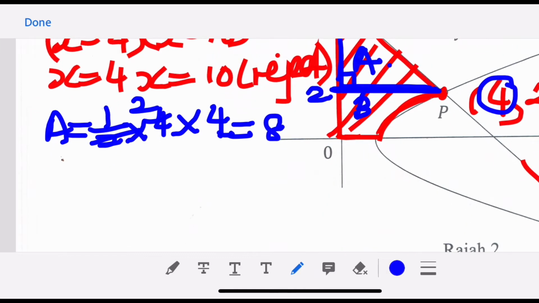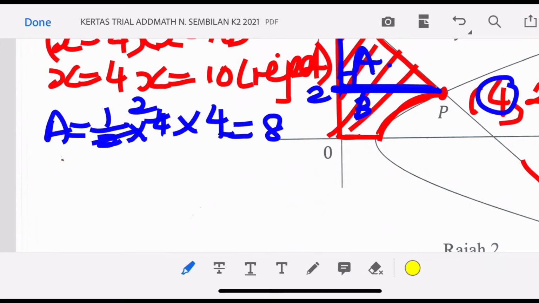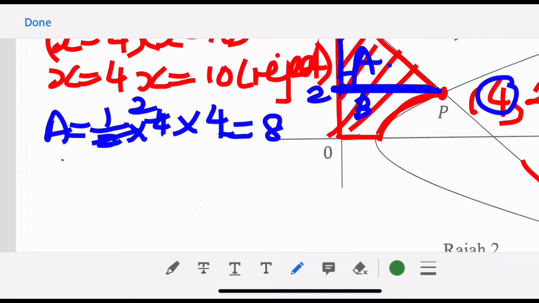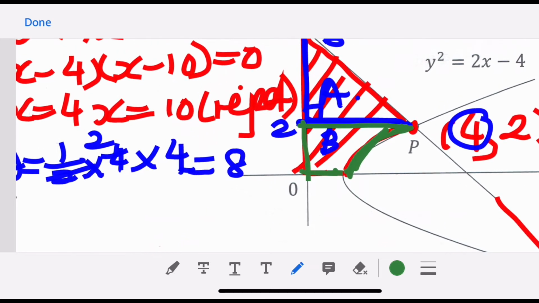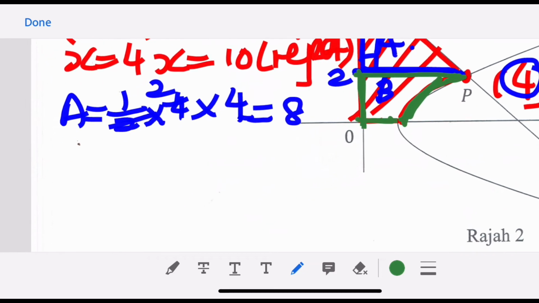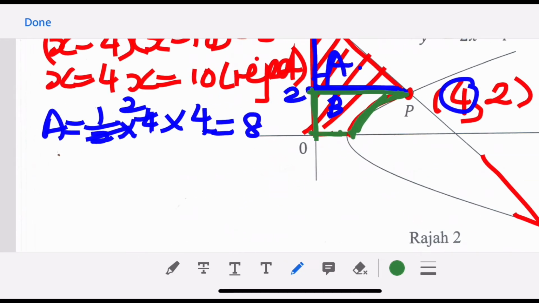Alright, after that we will find the area under the curve, which is this one. Okay, so this part is under the curve. For the curve, we can use the y boundary, which is easier. If we use the x boundary, we will have to find a trapezium, which is a bit troublesome.